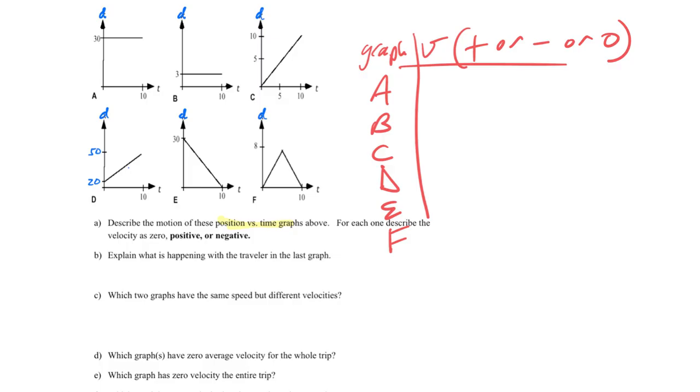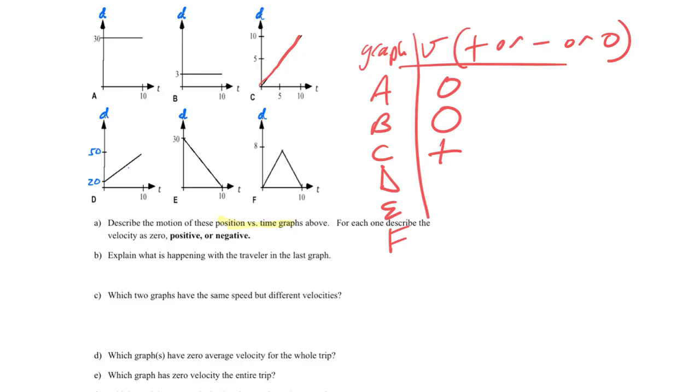Graph A is a horizontal line, so it has 0 speed. Graph B is a horizontal line, it has 0 velocity. Graph C is uphill, so it has positive velocity. That doesn't mean the speed's increasing. You can see you have a constant slope the whole time, so speed is not increasing.